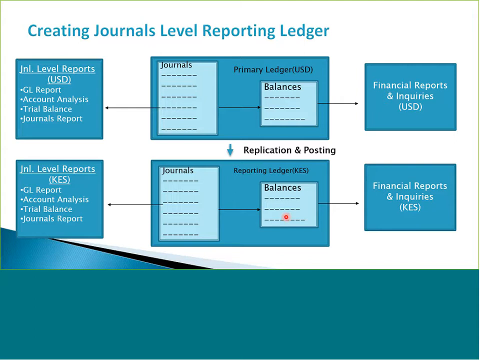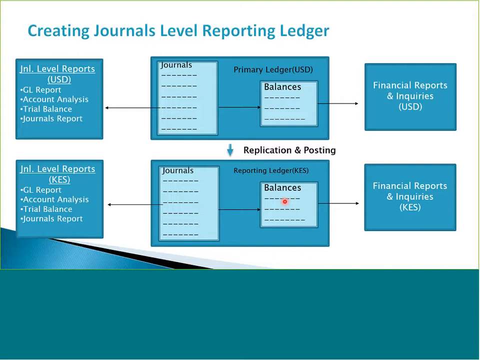The other thing we said about this ledger is that unlike the balances level ledger, which is created after translation, we have to manually create this journals level ledger, and that comes with its own drawbacks or maybe additional work, where we have to maintain periods so that we can be able to do our inquiries and reports for this journals level ledger.